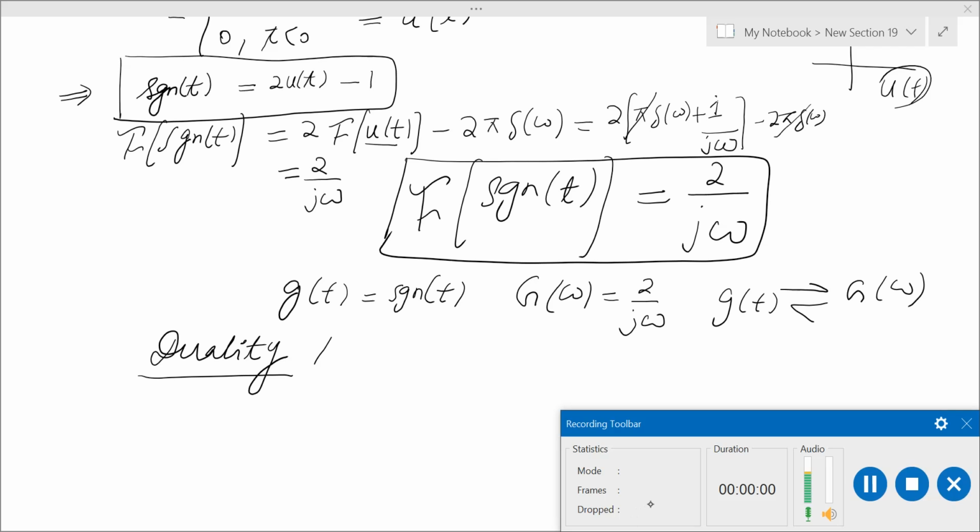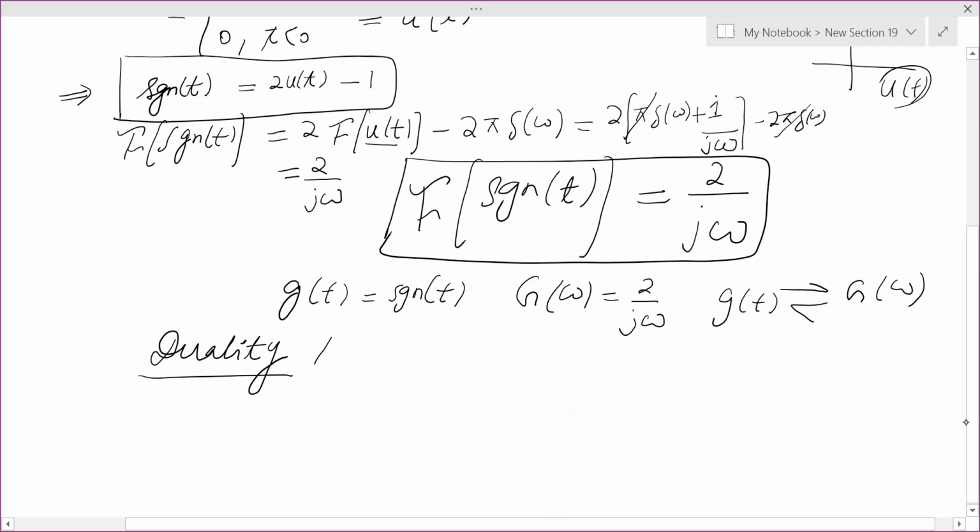Suppose you have a function g of t whose Fourier transform is capital G of omega. If you replace this omega by t, what will be its Fourier transform? The result says that to find the Fourier transform of this function, you need to do 2 pi, then in g of t you replace this t by minus omega.